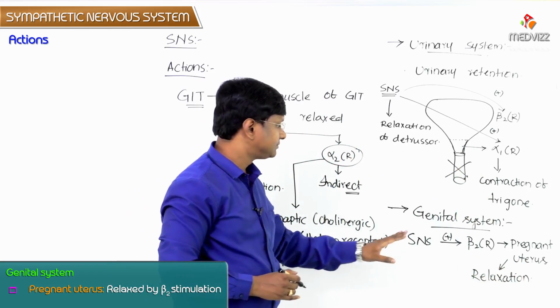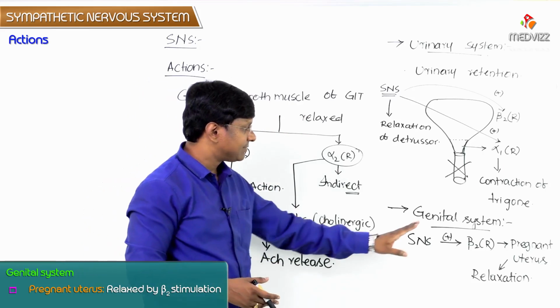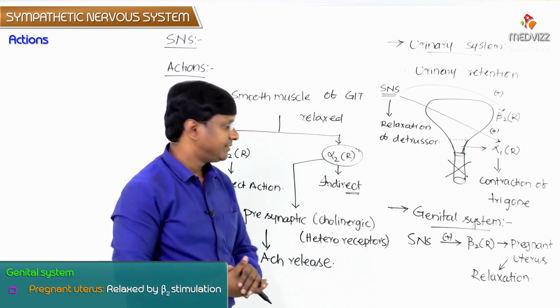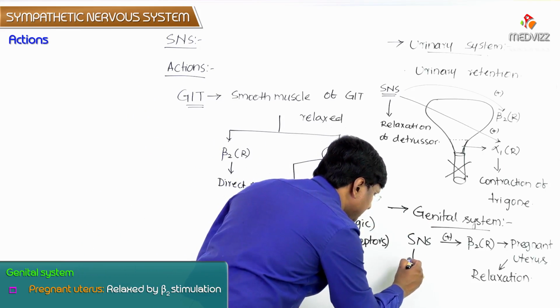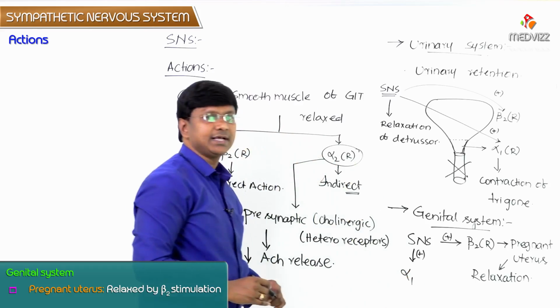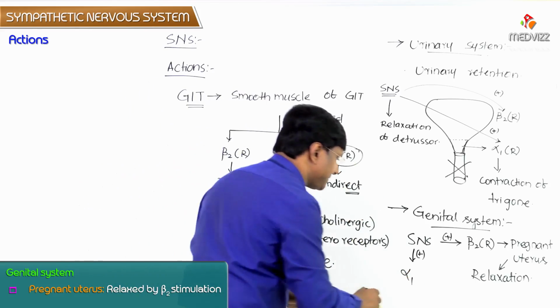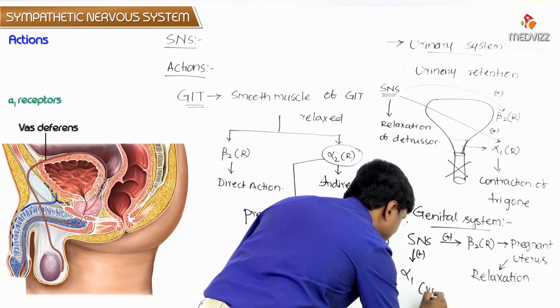Okay, next. That is about the beta 2 receptor story. Then you have the stimulation of the alpha 1 receptors as well. Now where are these alpha 1 receptors?